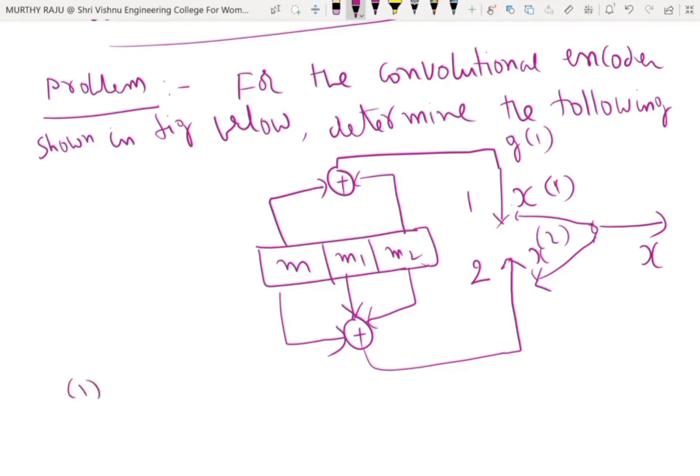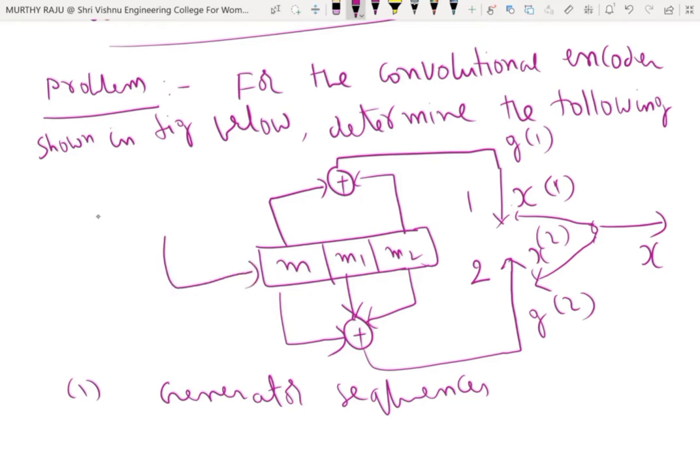First one, determine the generator sequence. Here the second output generator sequence is G of 2. Here the input is the message vector. This M is the input message vector.